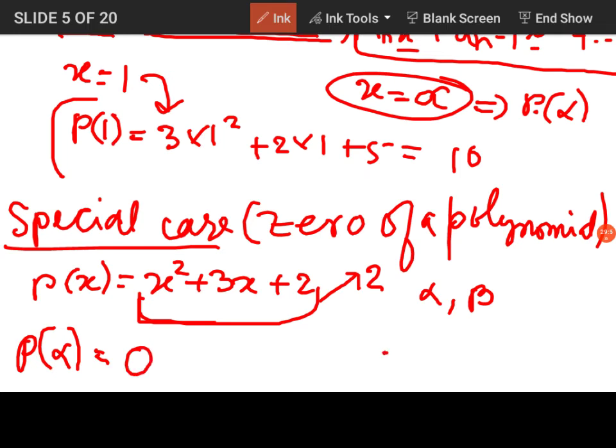Here alpha is -1, a root of this quadratic is -1. So if you want to find the value of this polynomial at x equals -1, then you have to replace x with -1 in this polynomial, and the answer that you will get is 0. So we can say that -1 is the zero of this polynomial.